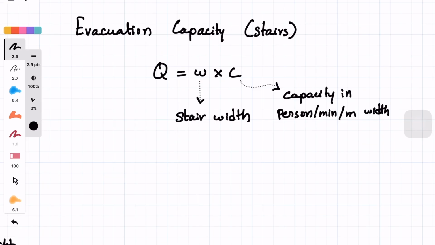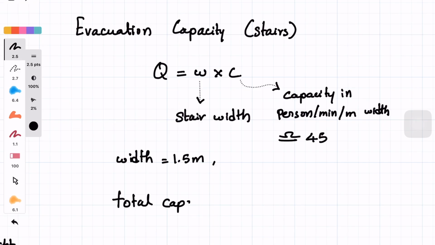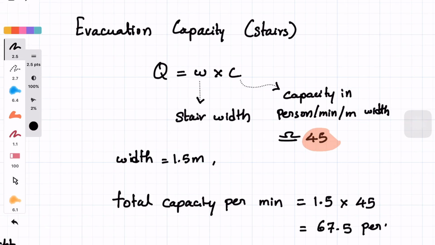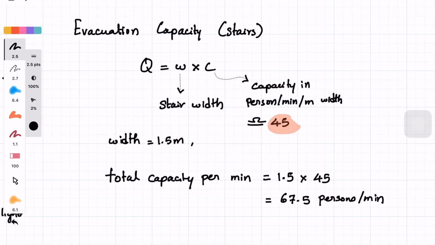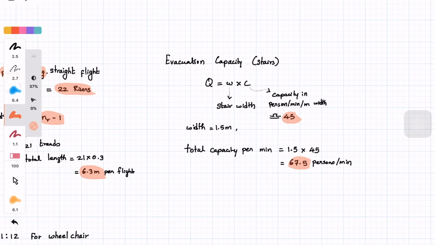Now we will do a quick workout for staircase evacuation for a staircase width of 1.5 meters. The total evacuation capacity per minute is 1.5, that is the width, into 45. Since it is evacuation, we are assuming the same number, 45. So it gives around 67.5 persons per minute. So if a staircase has a width of 1.5 meters, the evacuation capacity per minute comes around 67.5 persons.